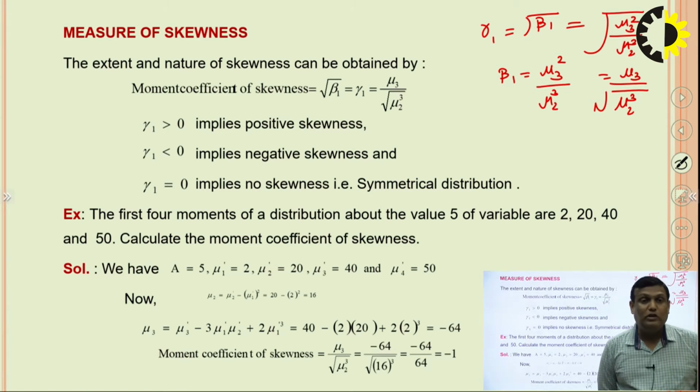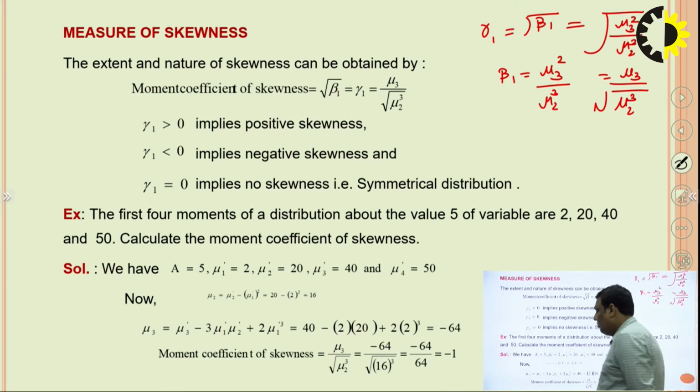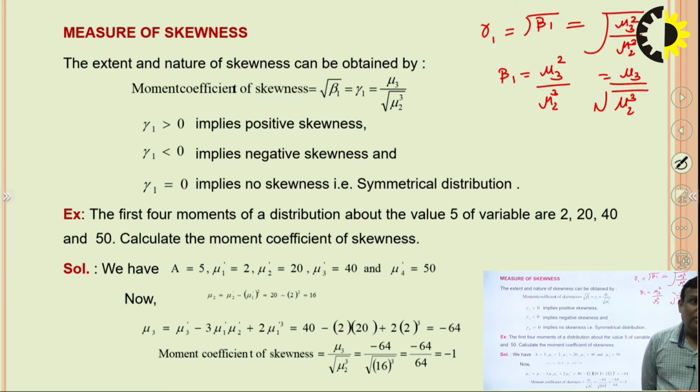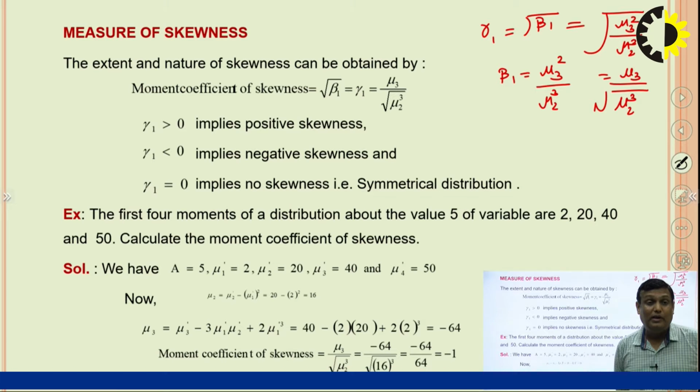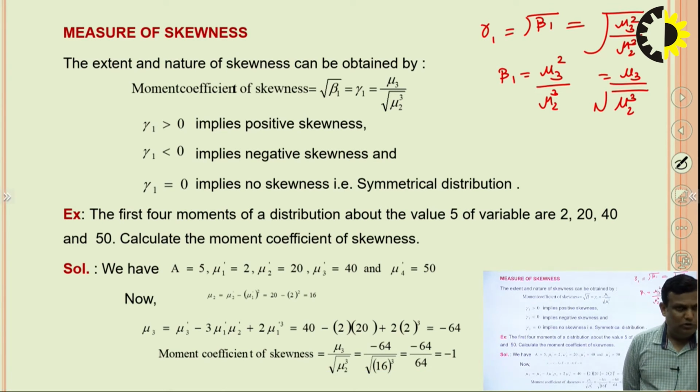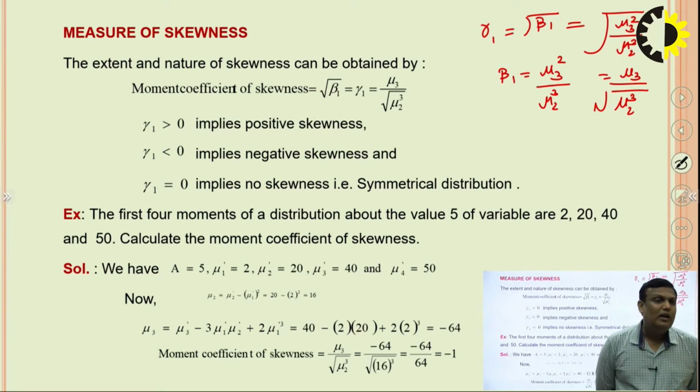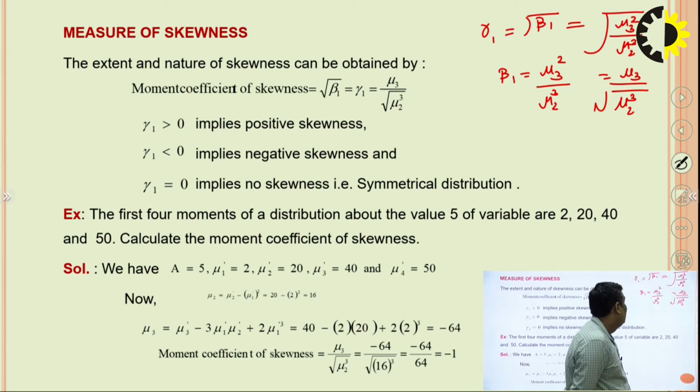So how do we convert raw moments to central moments? There is a relation between central moments and raw moments, central moments and origin moments, according to the formula for mu 2. We all know that mu 1 equal to 0, and here there is no need of mu 1, because the formula for beta 1 uses mu 3 and mu 2.